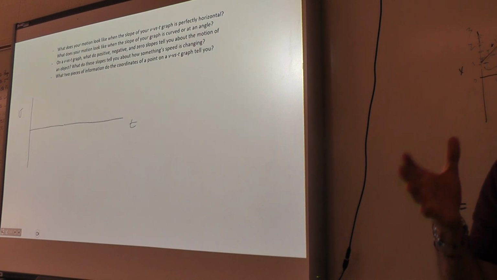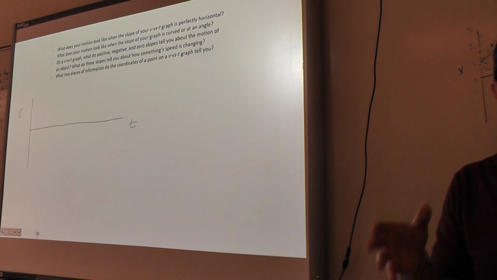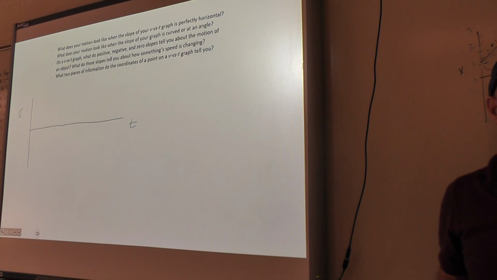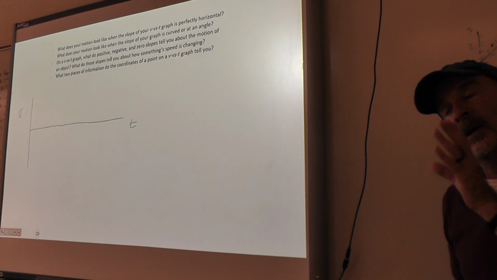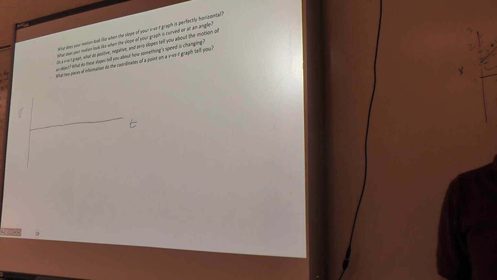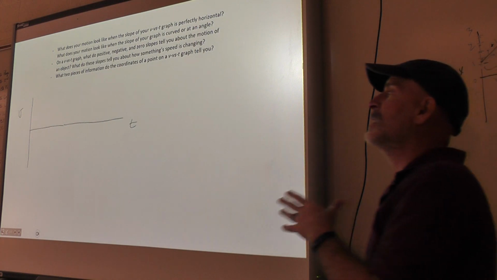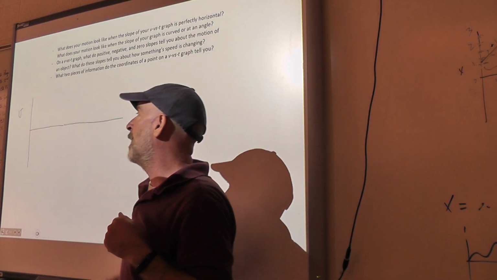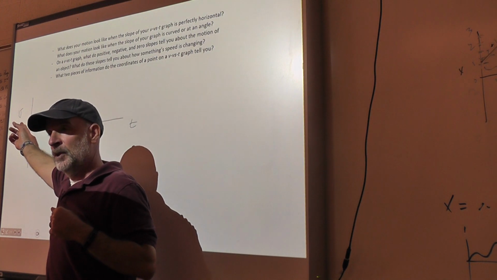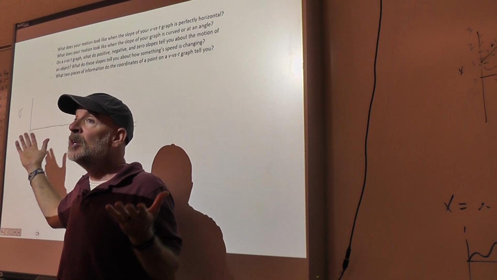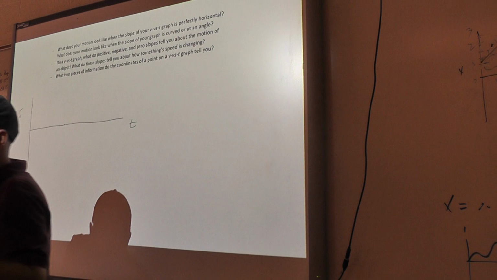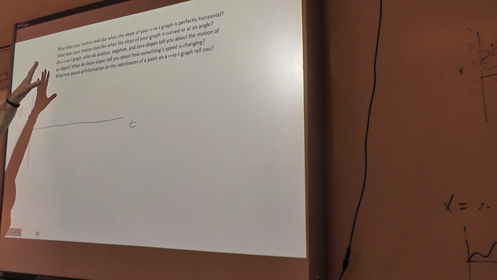Up until now, most of you have not spent a ton of time thinking about the speed and direction of an object's motion as it is reflected on a graph that shows velocity as a function of time. So it's going to be a new thing, all right? So what does it look like?